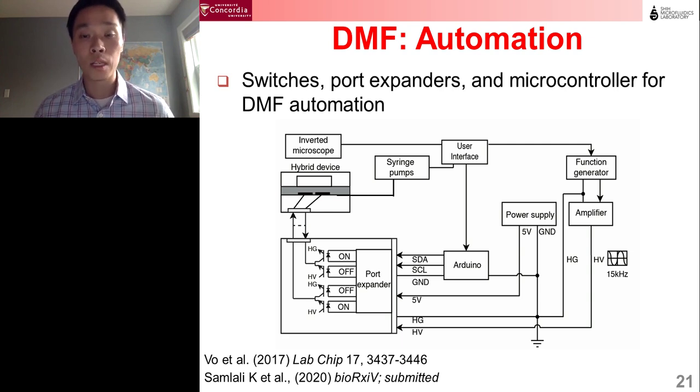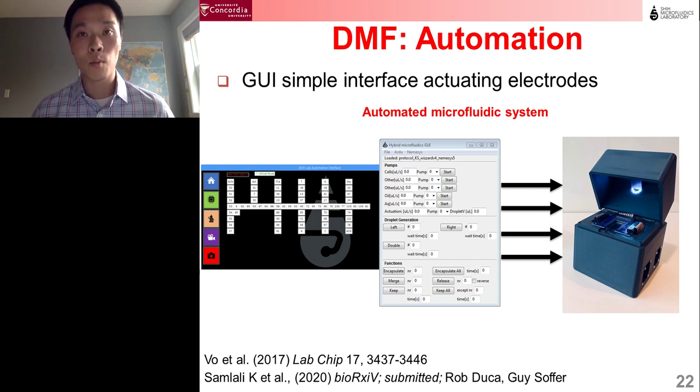If you are using traditional microfluidics, you can also include syringe pumps as a plug-in to the system. All these different parts can be placed into a box that can be controlled by a software interface that we have created in our laboratory, but anyone can create their own software to control this hardware system as well.